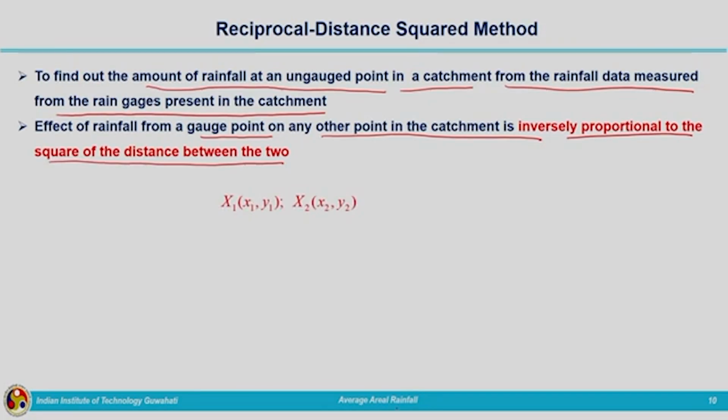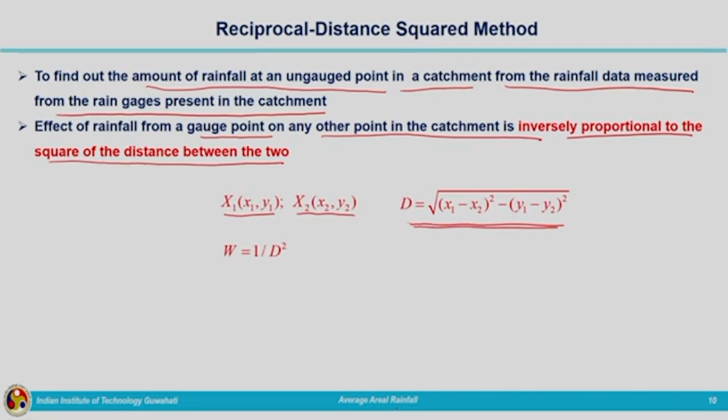X1 has coordinates x1, y1 and X2 has coordinates x2, y2. How can we determine the distance between these two? That can be represented by capital D. It is given by the square root of (x1 minus x2) whole square plus (y1 minus y2) whole square.